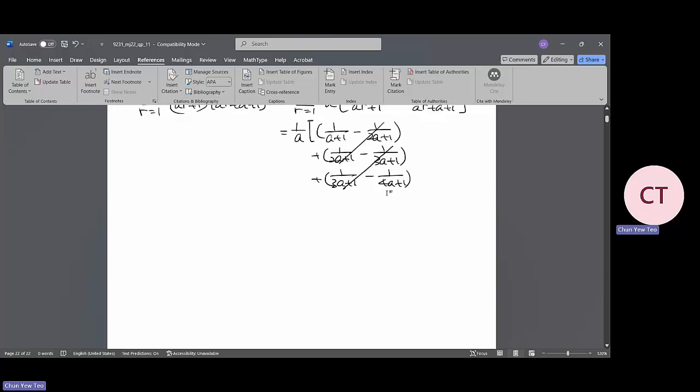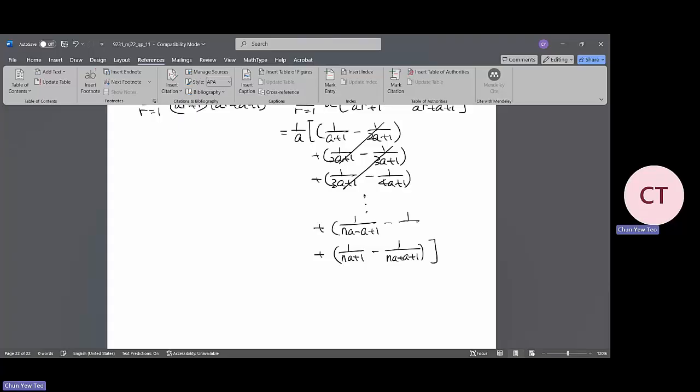Since we found the pattern of the cancellations, we can proceed until the last two terms. The last two terms will be 1 over (na plus 1) minus 1 over (na plus a plus 1). Then before that, it will be na minus a plus 1.